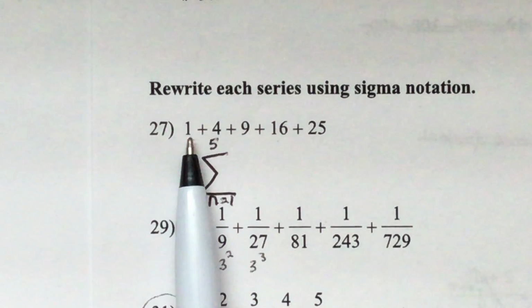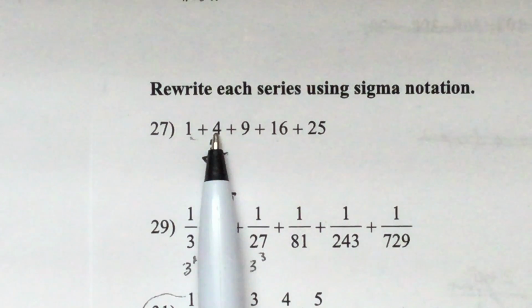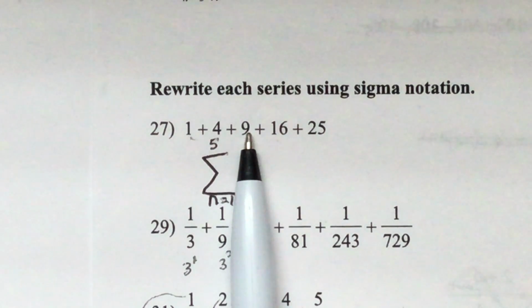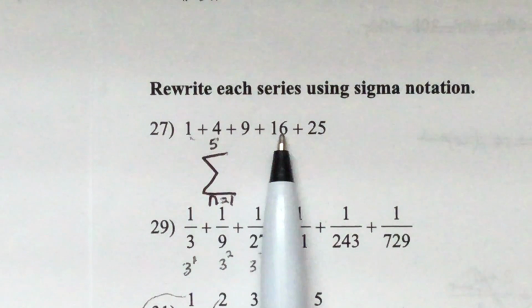Here's element 1. So how can I use the number 1 to get 1? Here's element 2. What can I do with the number 2 to get 4? Here's element 3. What can I do with the number 3 to get 9? And so on and so forth.